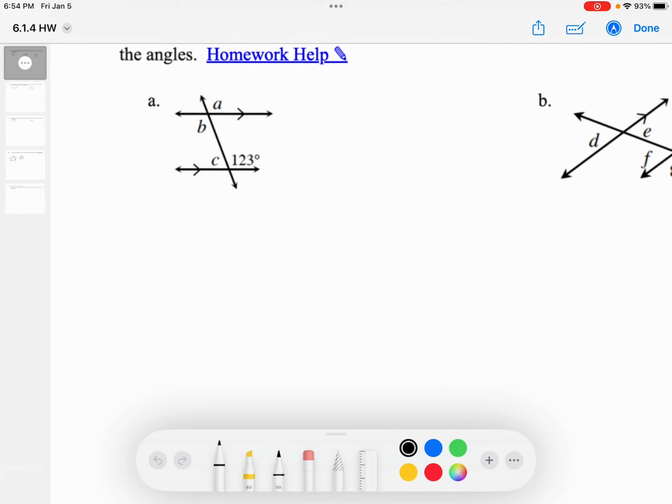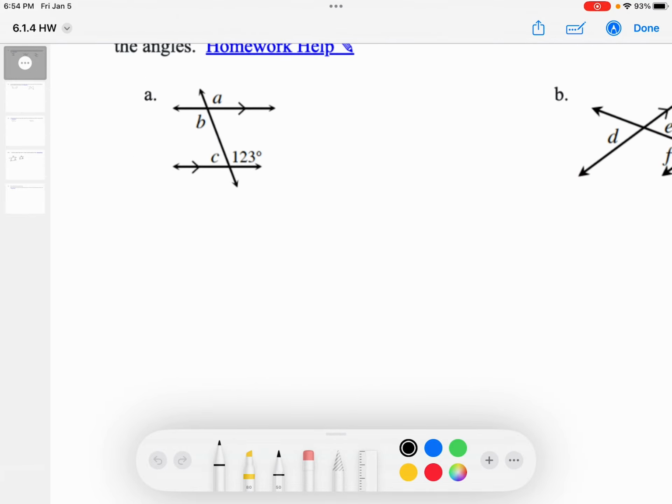Okay, so let's zoom in here. On A, they give us one angle, 123, and there's a few places I can think about starting. Maybe I'll think about angle B here. I notice here's my two parallel lines, and here is my transversal.